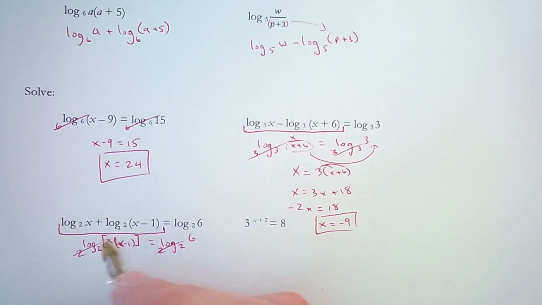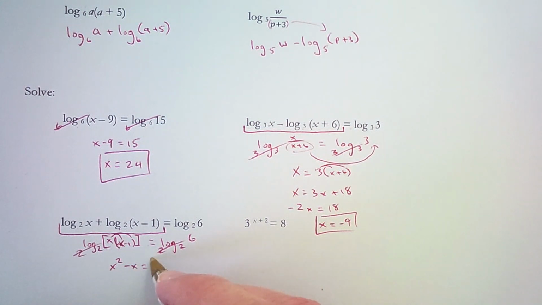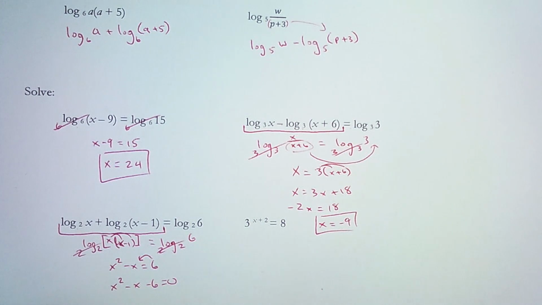And for my next line, I'm going to go ahead and distribute this, and I'll have x squared minus x equals 6. I'm going to move this 6 over to the other side here. I'll subtract it, and I'll get x squared minus x minus 6 equals 0.